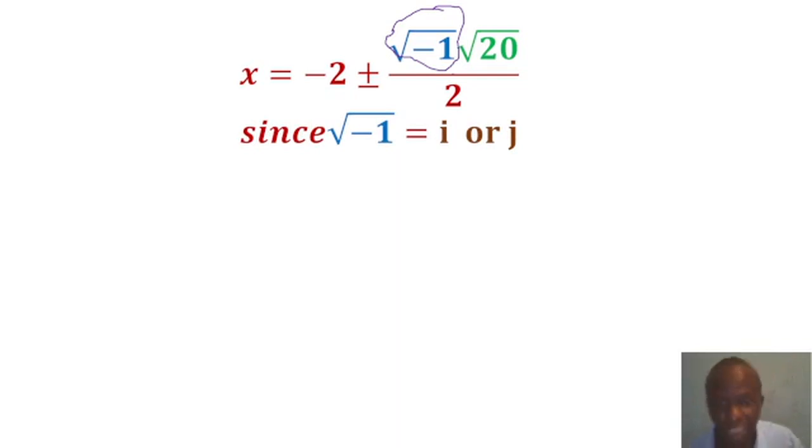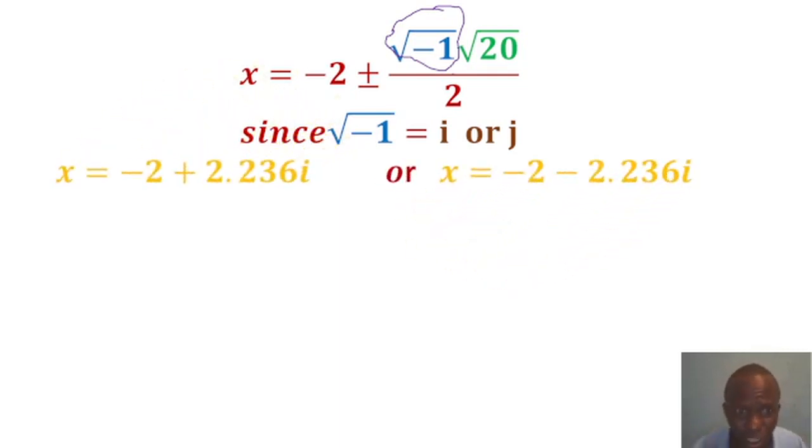In pure mathematics, we normally use I. In engineering, especially electrical and electronics engineering, there are calculations involving current, and because I is used to denote current, to avoid confusion, J is used. In this particular lecture, we are going to adopt J instead of I. We can use either I or J to mean the square root of -1.